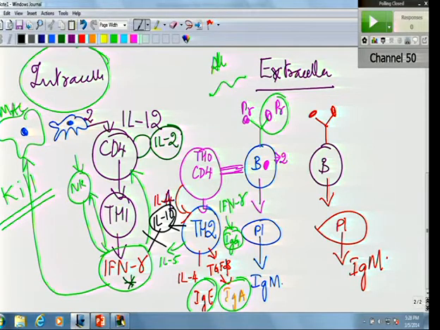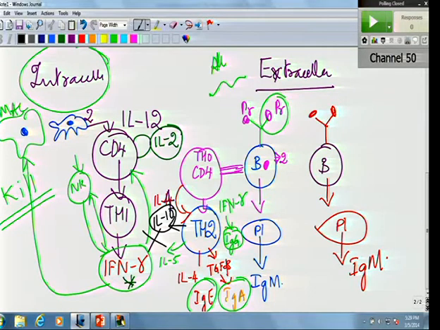Macrophages also will produce interleukin 12, the circle continues. Interleukin 12 is produced by antigen presenting cells, it is also produced by macrophages, and natural killer cells also will produce. Macrophages produce interleukin 12, Th1 produces interferon gamma.